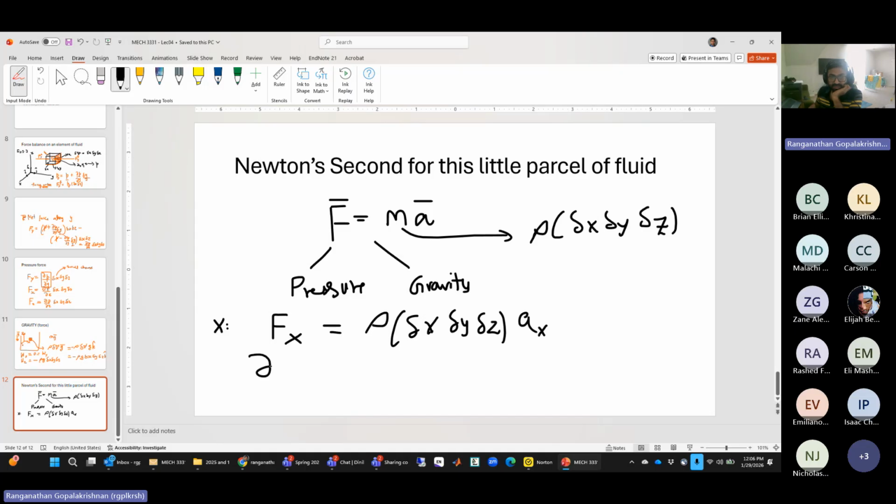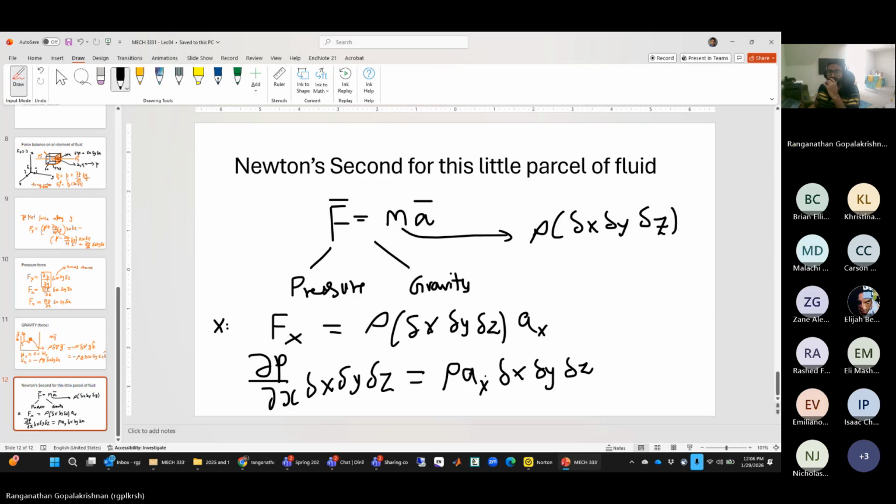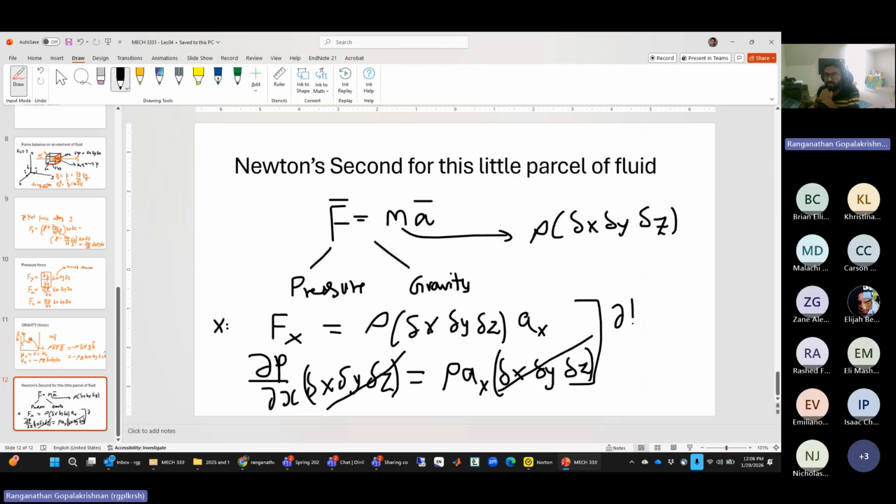We wrote that Fx is the partial derivative of p with respect to x times delta x, delta y, delta z, equal to rho ax times delta x, delta y, delta z. I keep telling you that this is a little parcel of fluid. It has a finite volume, and finite means non-zero. So I can strike out this from both sides and get an equation that is the partial derivative of p with respect to x is equal to rho ax.